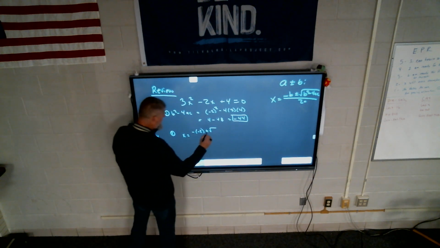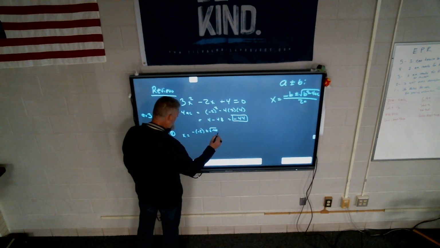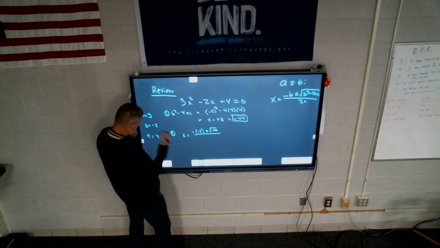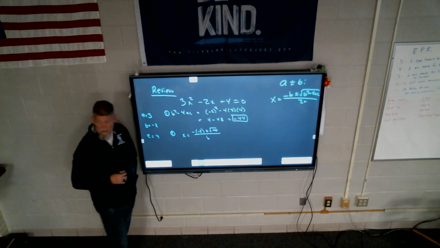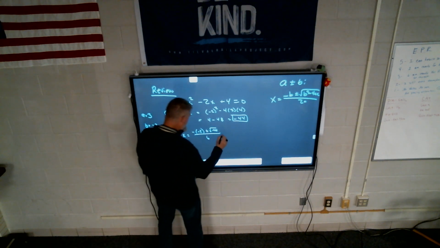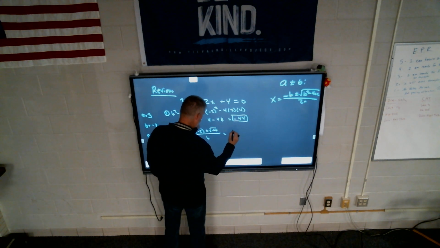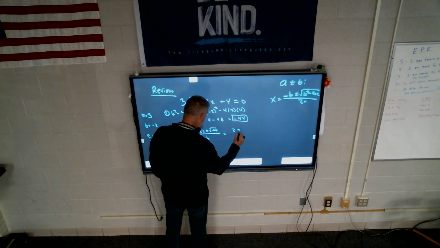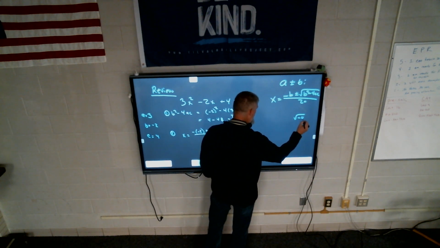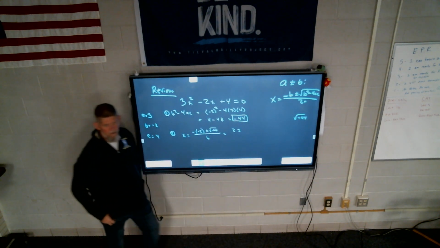So it's negative 44, all over 2 times a, so 6. Okay, so let's simplify this down a little bit. Negative 2 plus or minus. How do I reduce the square root of negative 44?